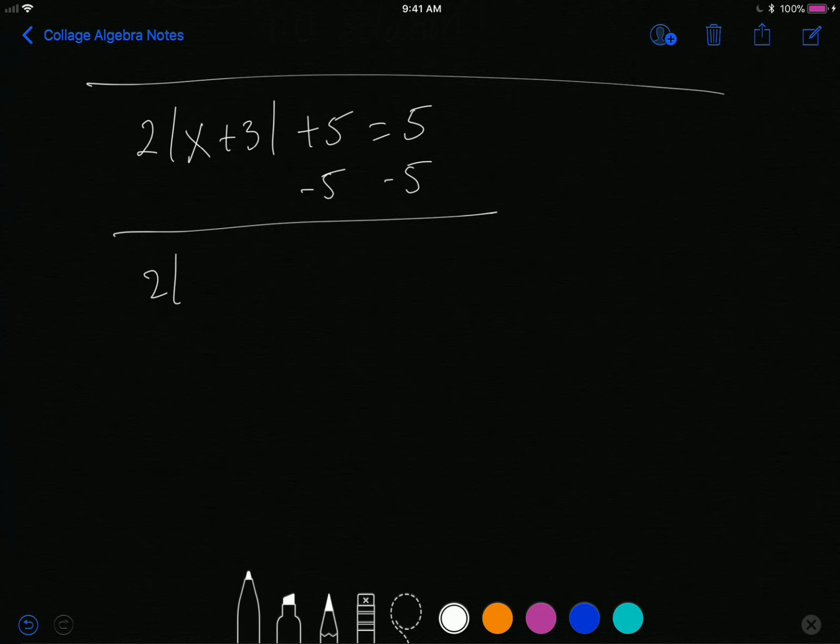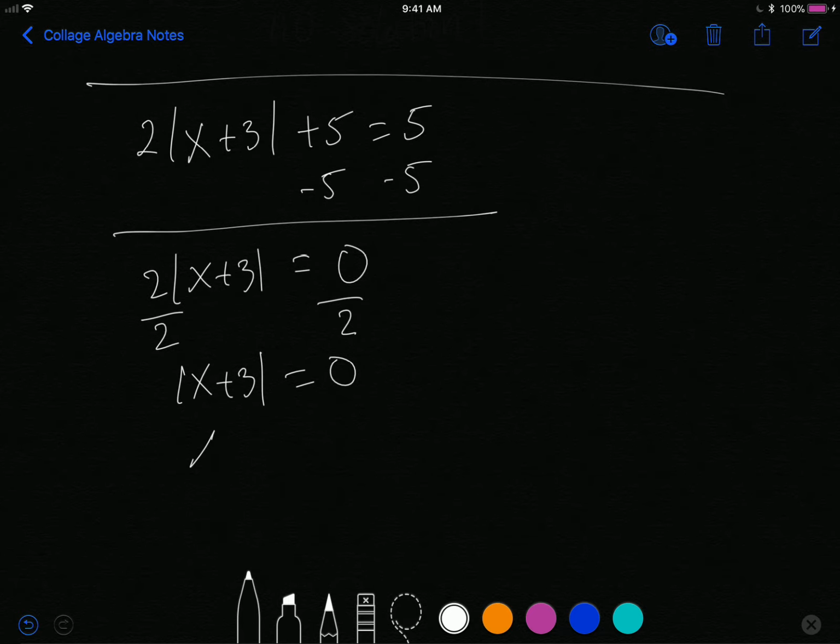I get 2 times the absolute value of x plus 3 is equal to 0. I divide by 2. I divide by 2. I get that the absolute value of x plus 3 is equal to 0. I drop my absolute value. I put a plus and minus on the other side. So I have x plus 3 is equal to plus or minus 0. But 0 does not carry a sign.